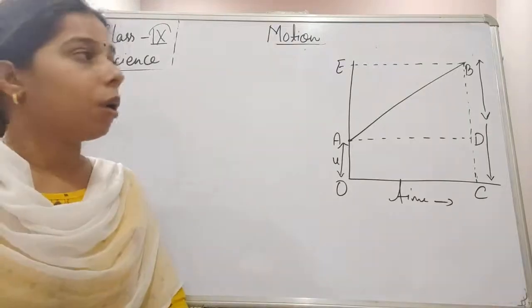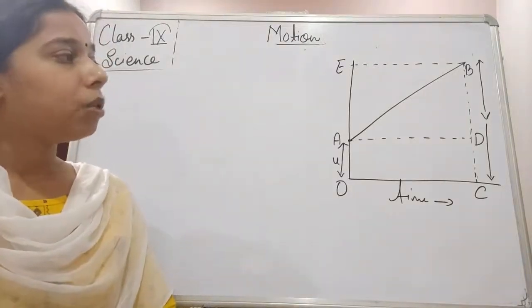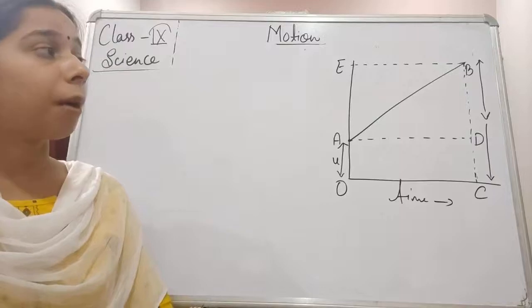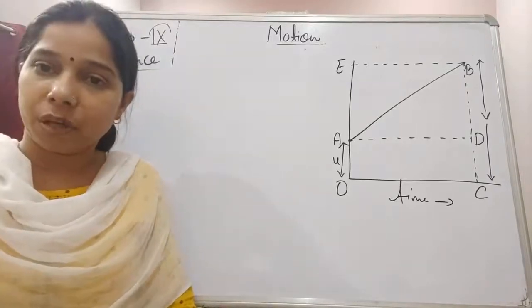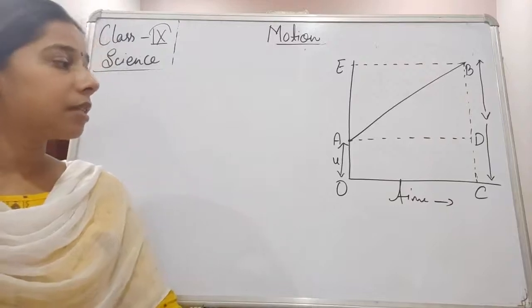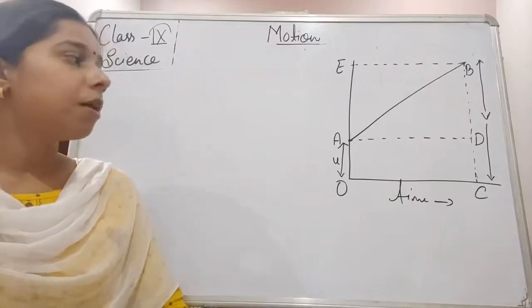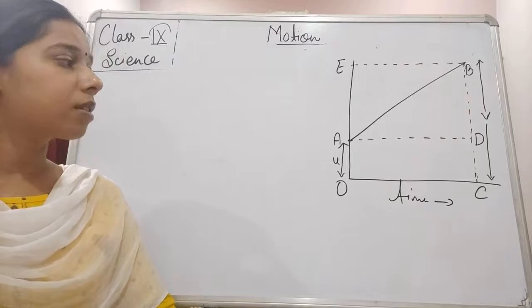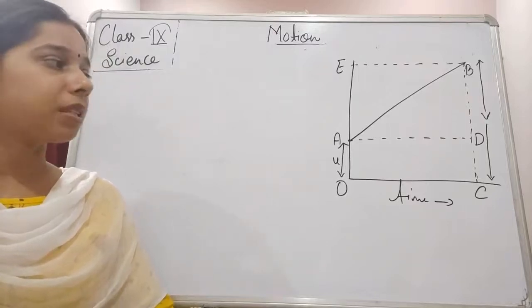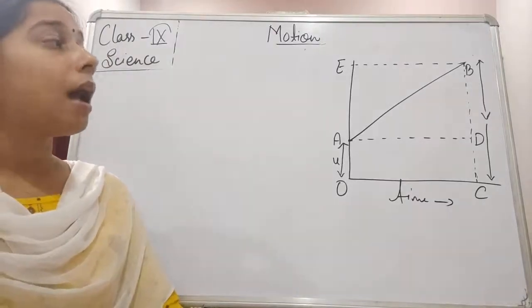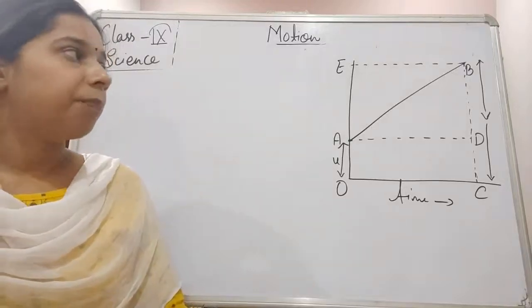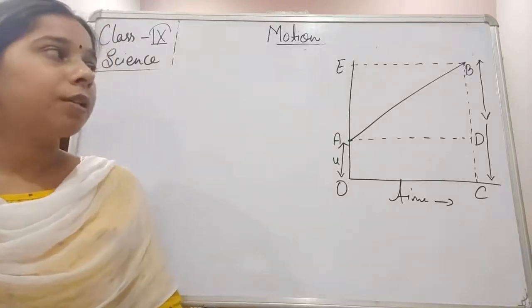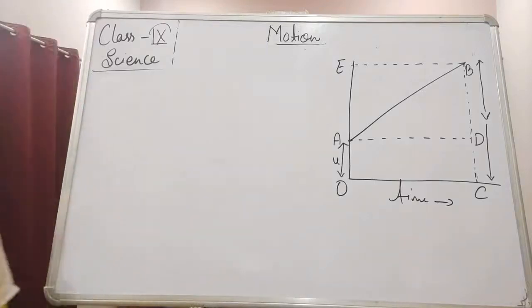Up to B, it will be the final velocity. Since it has some initial velocity, OA represents the initial velocity and BC represents the final velocity.